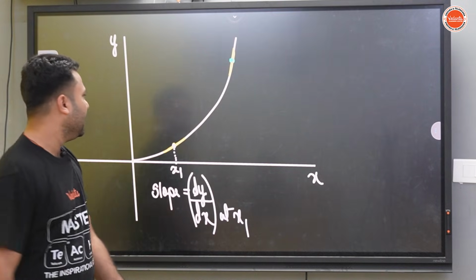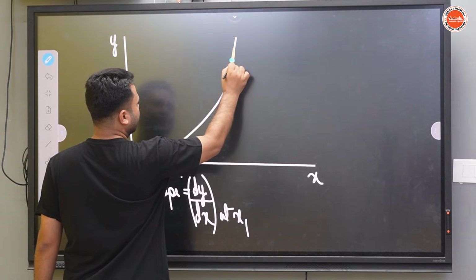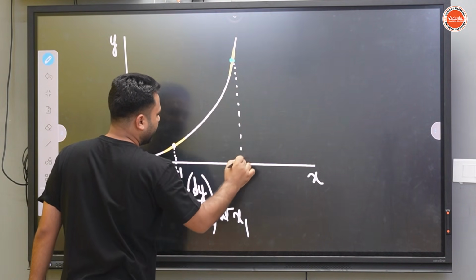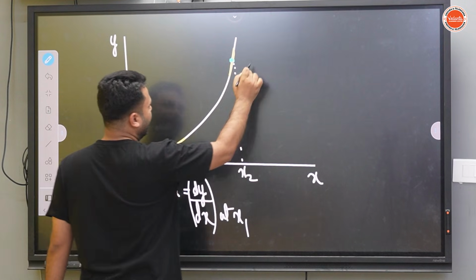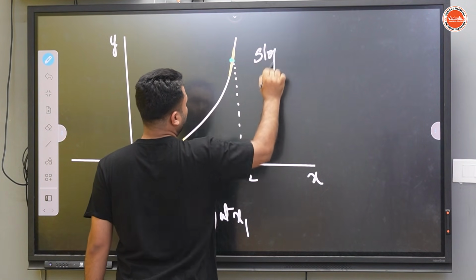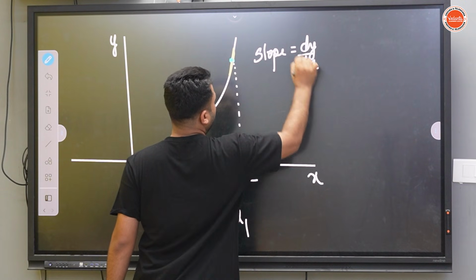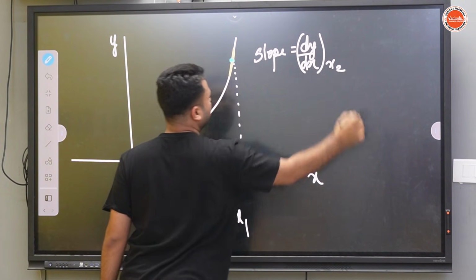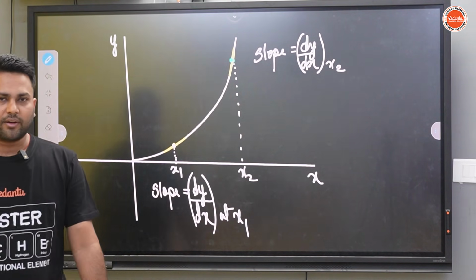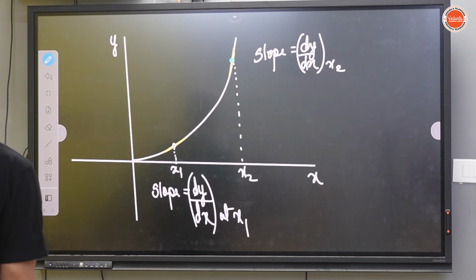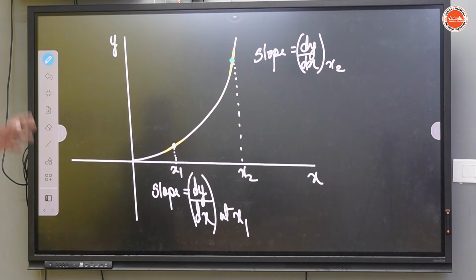Similarly here, this point must have some x coordinate, x2. So if someone asks what the slope is, it is dy by dx at x2. So this is the application of the derivative. So write this formula: slope is dy by dx.